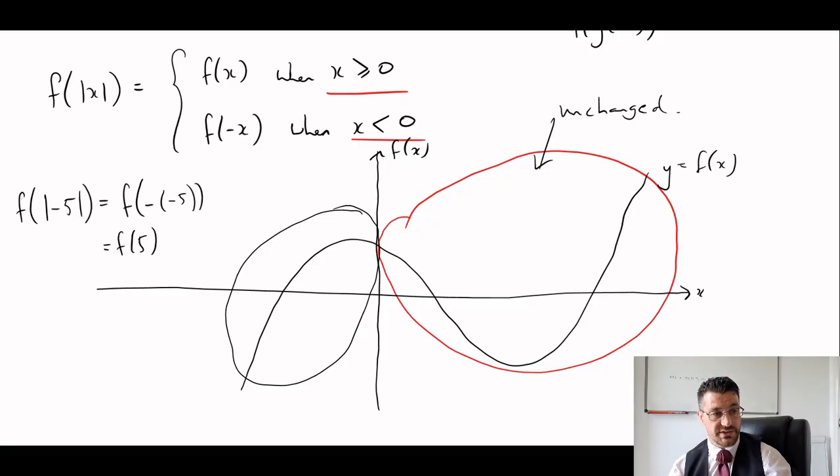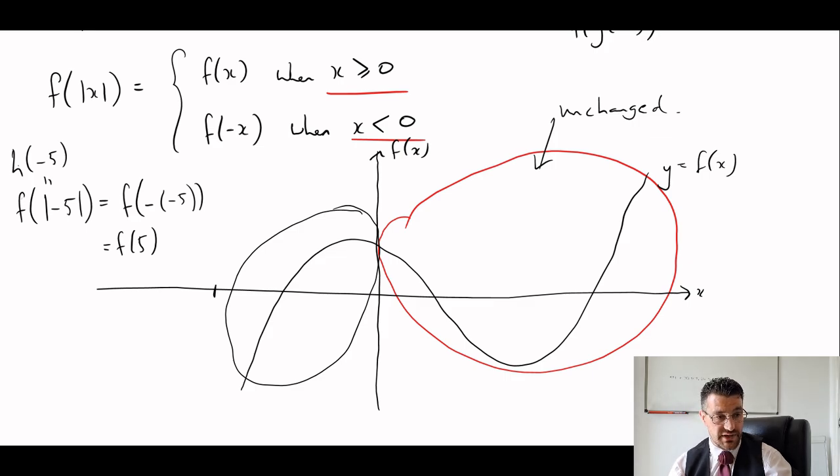Okay, so in other words, f of the modulus of minus 5. Let's call this h of minus 5, for example. h of minus 5 is just equal to f of 5. h of minus 7 will be equal to f of 7. h of minus 15 will be equal to f of 15.